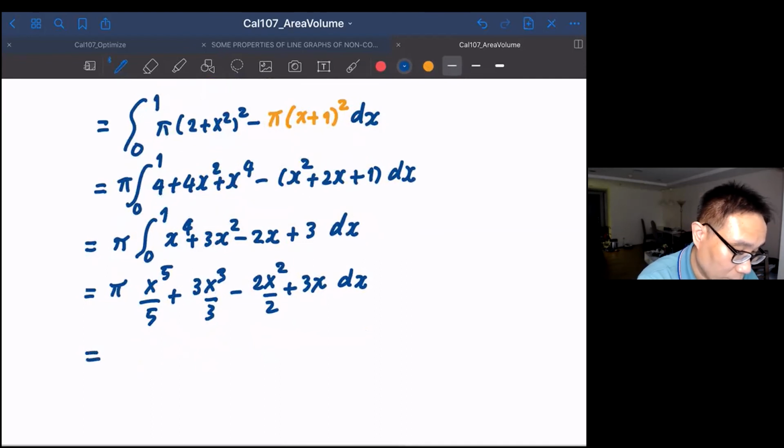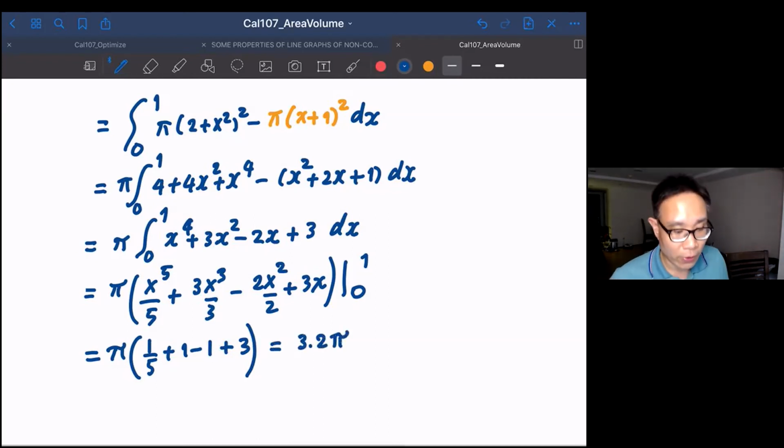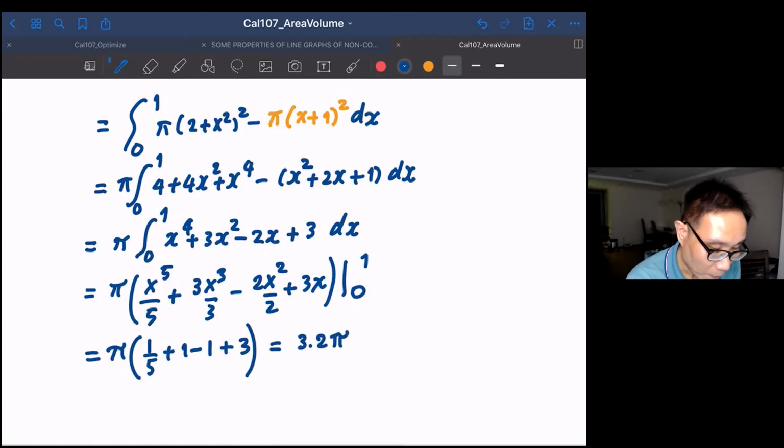So from 0 to 1, it's going to be pi times (1/5 plus 1 minus 1 plus 3). Okay, so it's going to be 3.2 pi for this volume. Okay, so this is not that bad a number.